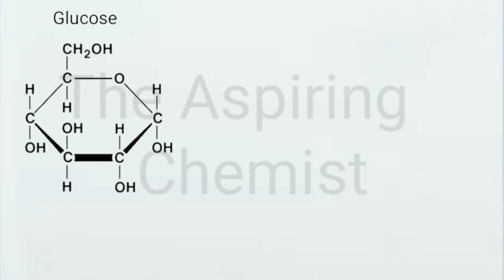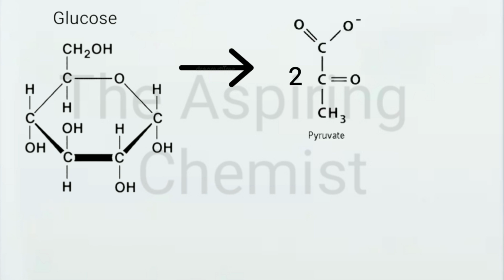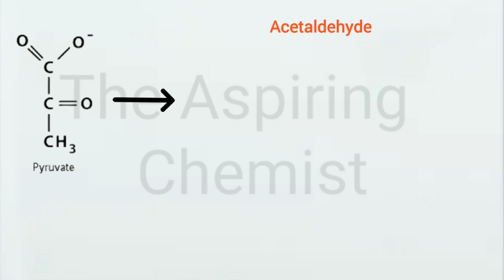The first is that since we are at the glucose molecule now, this glucose molecule is broken down into two pyruvate molecules in a process called glycolysis. Now, I'm beginning to deviate a little into biology, but I'd like to stay strictly on chemistry because I'm an aspiring chemist. So this pyruvate molecule then is broken to yield an acetaldehyde.